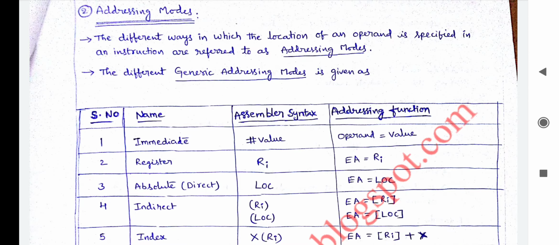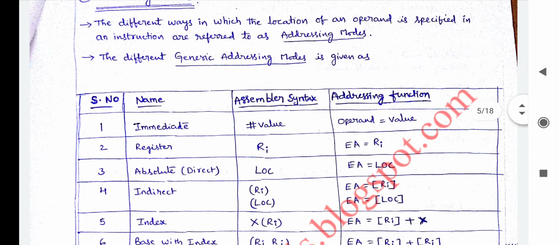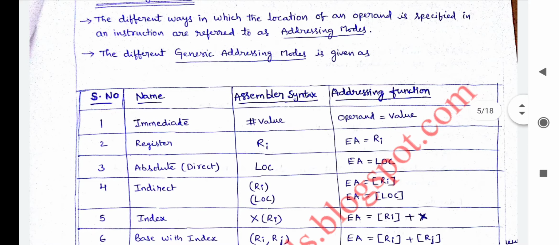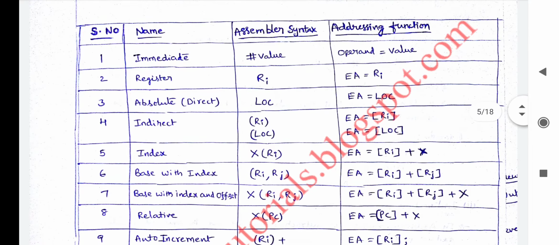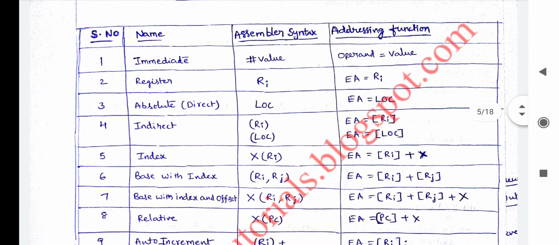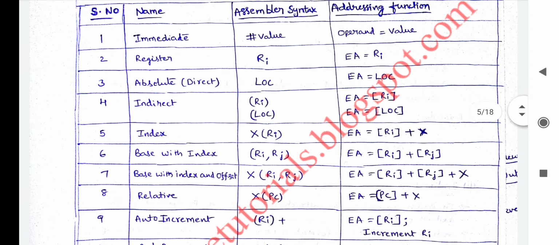The different generic addressing modes are given as follows. Once again, addressing mode means the way in which you define the operand's address in an instruction. We have the following 10 types of addressing modes. First one, immediate addressing mode. Second one, register addressing mode.